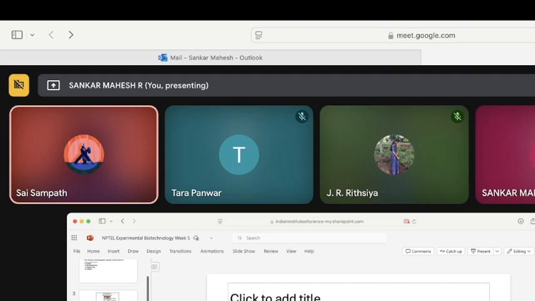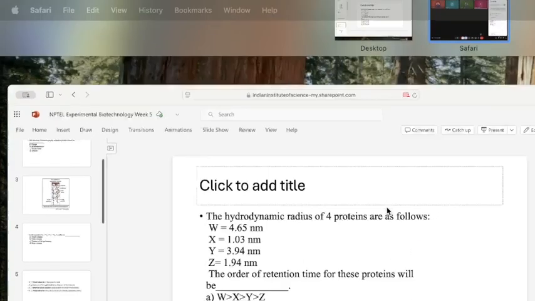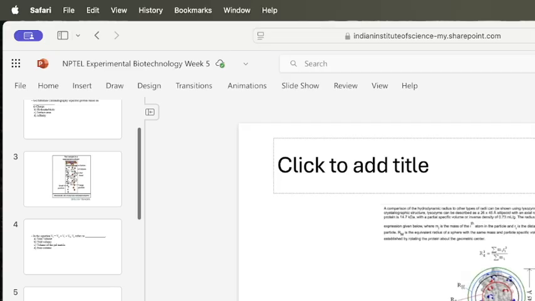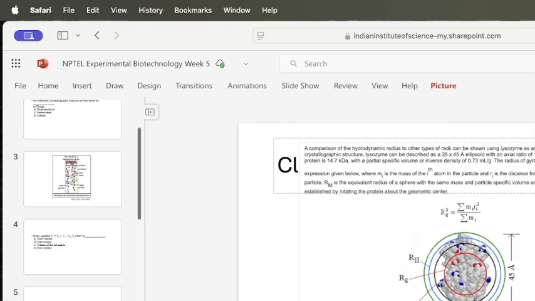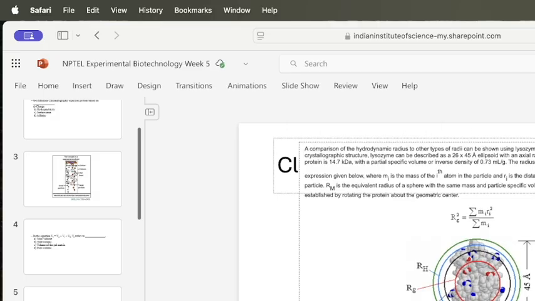Right. So if you consider any protein in aqueous solution, it would be surrounded with water molecules unless it's a membrane protein. There you will have lipids. So I just have a figure here that would help us understand how exactly we can differentiate the different radii.